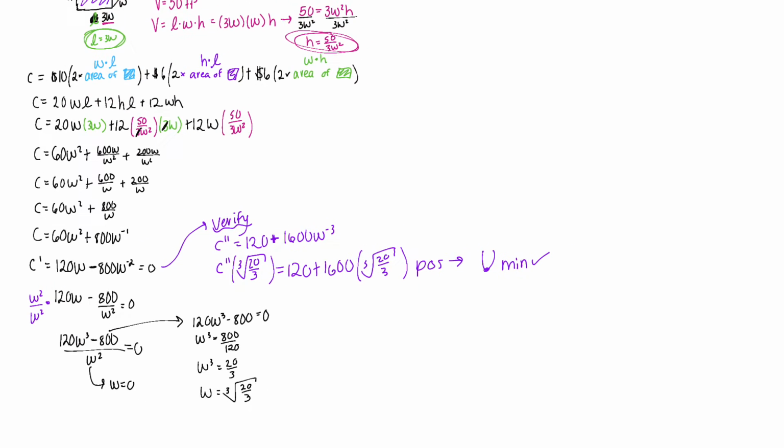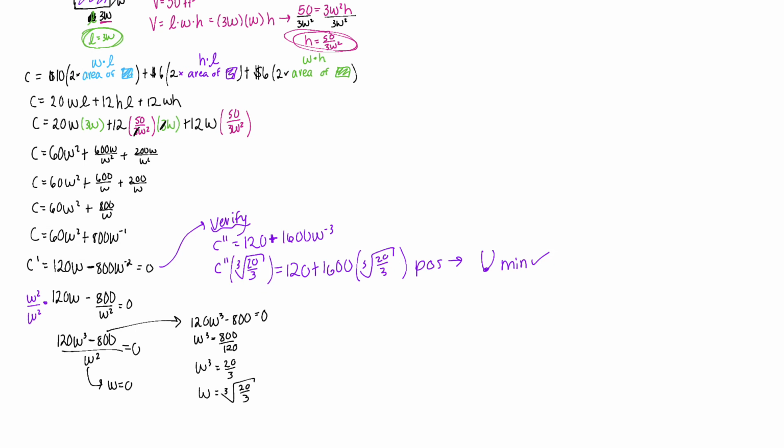So now it's just a matter of gathering the rest of the answer. So w is equal to the cubed root of 20 over 3. The length is 3 times w, right? That's from the right here. So 3 times the cubed root of 20 over 3. The height is equal to 50 over 3w squared. I'm getting that from right here.